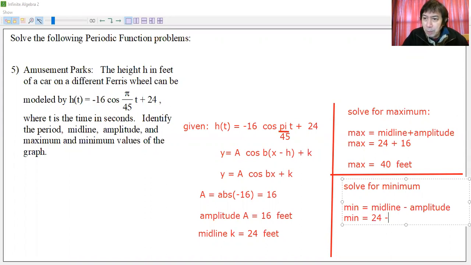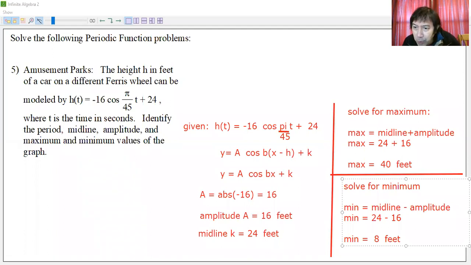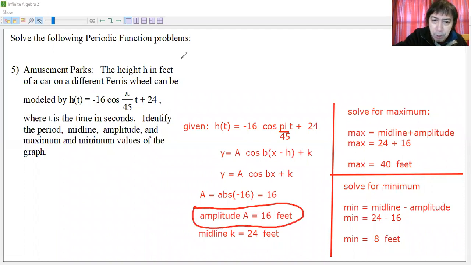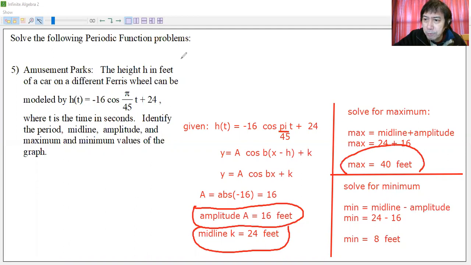We will subtract the amplitude 16. And that results to a minimum of 8 feet there. It's 24 minus 16. So that is 8 feet. So we already have the answers: amplitude 16, midline 24, maximum of 40 feet, minimum of 8 feet.